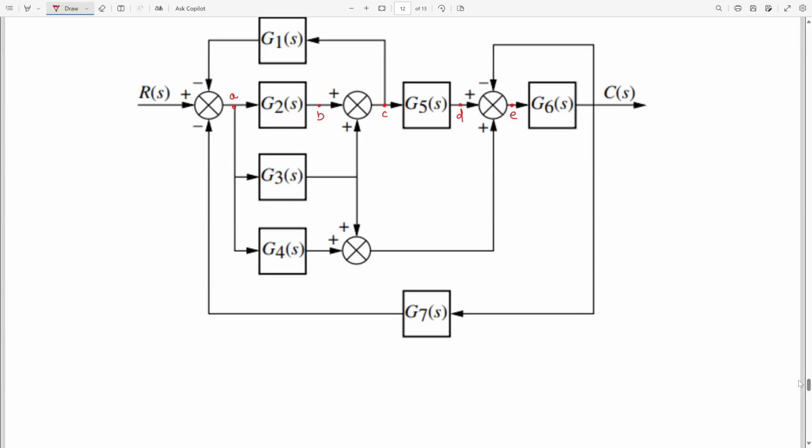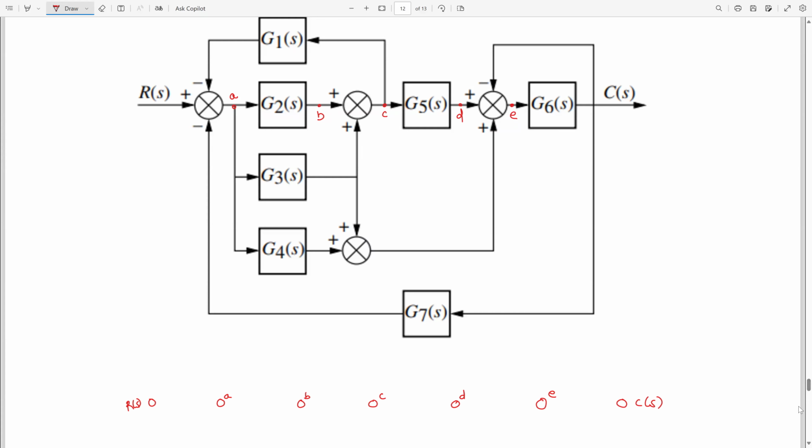So you first identify, you draw the node R of S, A, B, C, D, E, and then C of S. Okay.